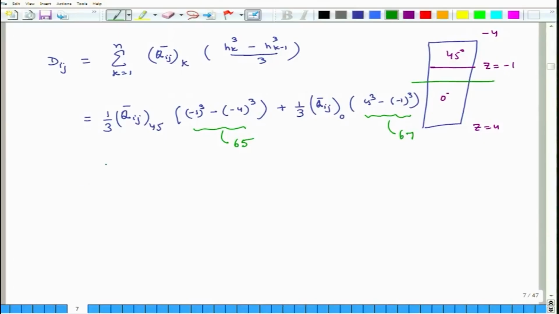So, basically what you end up getting is 1 over 3 times 65 times Qij bar for the 45 degree laminate plus 65 times Qij bar for the 0 degree laminate.